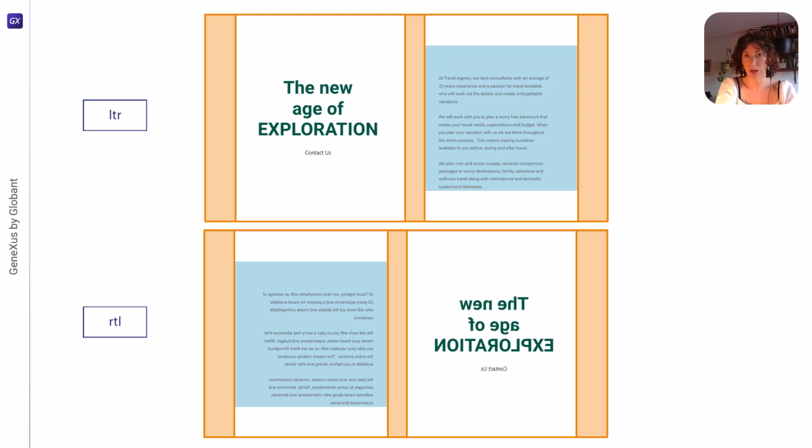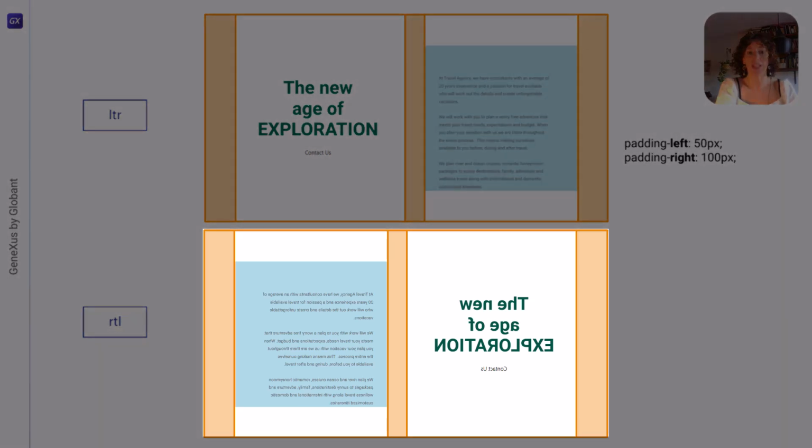Now, let's focus on what we were interested in, the padding. When we used left and right references to provide the padding, we didn't realize that in fact, the correct references would be start and end, in relation to the flow direction and not left and right. Because in the right to left flow, we don't want the padding on the left to be 50 and on the right to be 100, but the other way around.